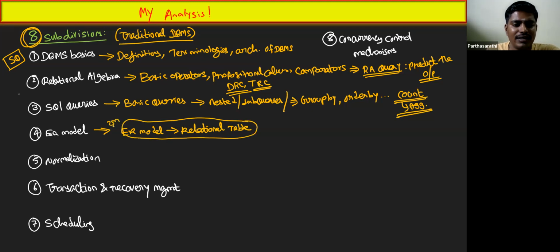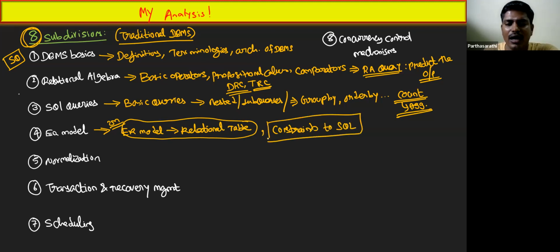So a minimum of 2 marks is guaranteed from that part. Also, you have to concentrate on constraints with respect to SQL. That is also a very important and dominating part of the question paper, 2 marks guaranteed. So relational algebra is a problem based question, SQL is a problem based question, and ER model is also a problem based question.